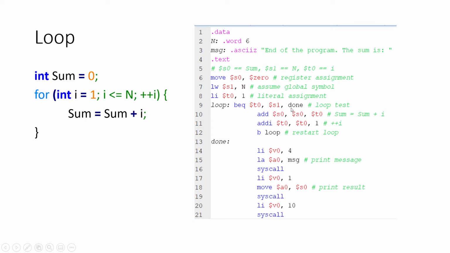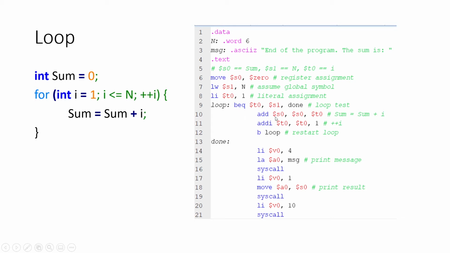T0 is 1 and S0 is 0 at the beginning, so 0 plus 1. And then we're going to increase the step. This is the i plus plus part. We increase the value of T0 by 1, and then it jumps back to the beginning of the loop.